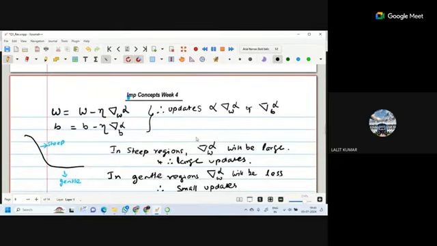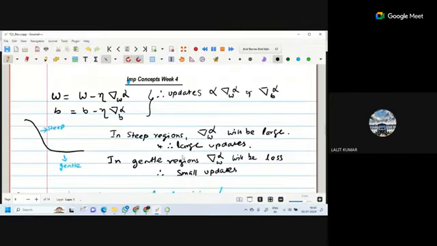In week 4, now we come to the update rule of W and bias. We see that both the updates depend on the gradient. The gradients are nothing but the derivatives. Now we know from our mathematical concepts that whenever the slope is steep, your derivative will be high.